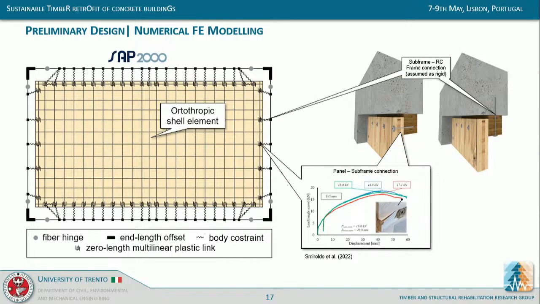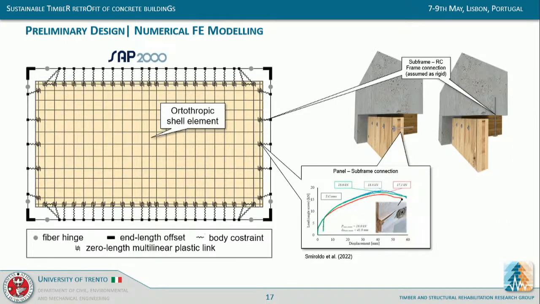And here you see the model for the retrofit part, where the CLT panel is modeled using shell elements. And then we have a series of nonlinear link elements that can simulate the connection. The subframe to frame connection was assumed to be rigid because we want it to be over-strong and also stiffer than the timber-to-timber connection, which is the one supposed to ensure dissipation properties and ductility to the whole strategy.